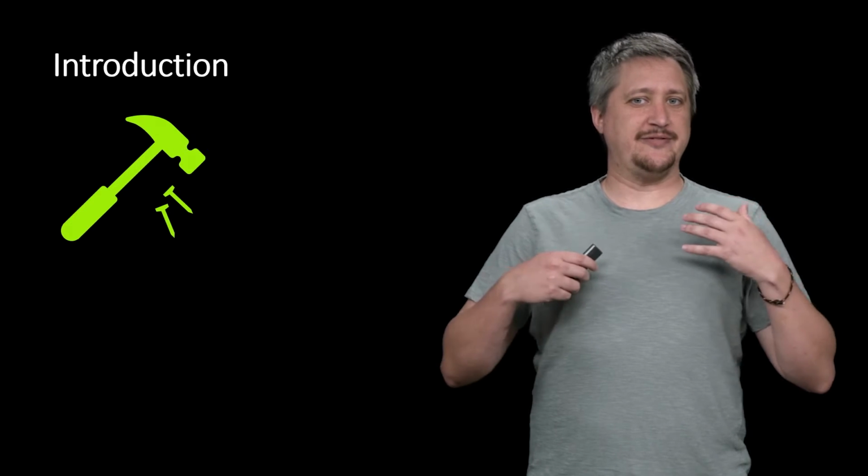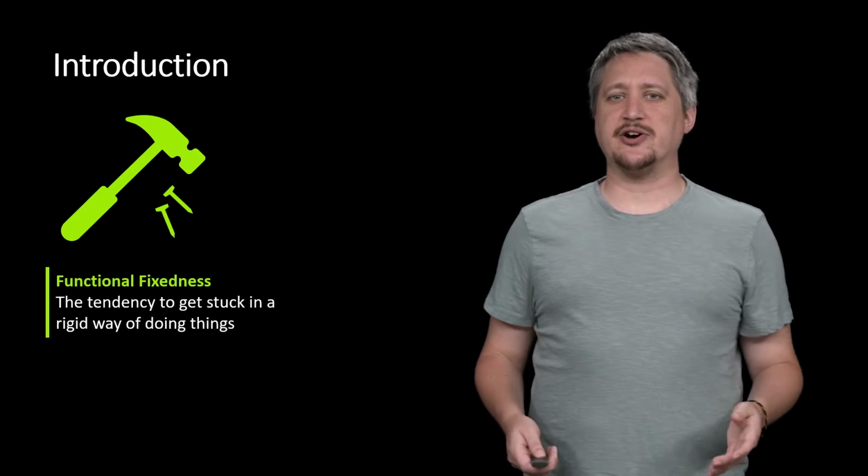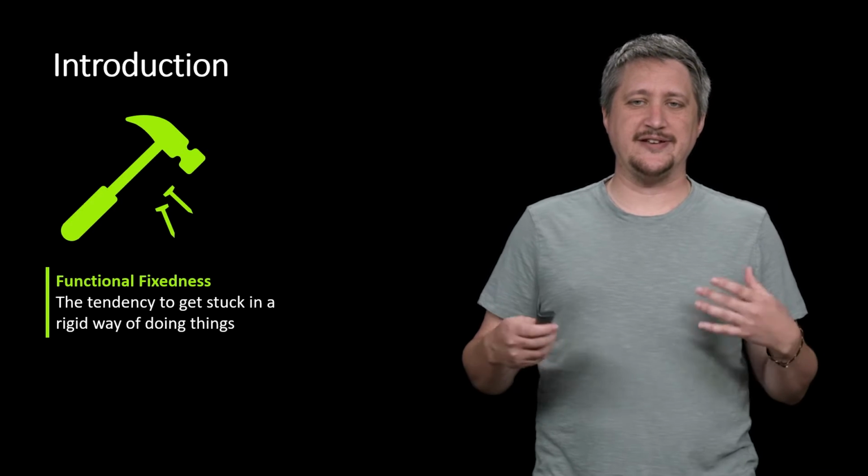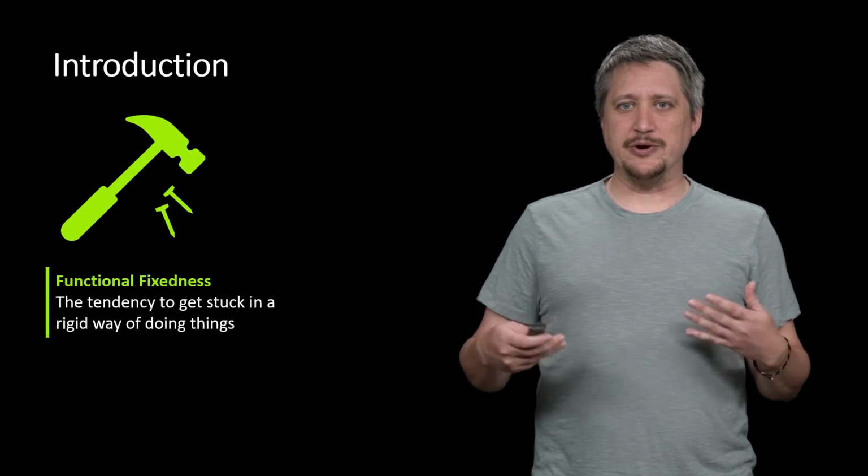By way of introduction, there's this old adage that when you have a hammer, everything looks like a nail. When you have a tool that works really well, you start wanting to use it on everything. Psychologists call this functional fixedness, the tendency to get stuck in a rigid way of doing things.